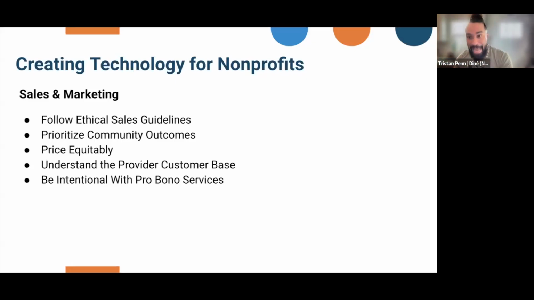That oftentimes happens. And another piece of the sales and marketing side, as you're getting sold all of these flashy new tools, is making sure that if you are getting offered some sort of steep discount or a pro bono add-on, like, because you're a nonprofit we're going to do this, the terms of that match your own technology strategic plan.